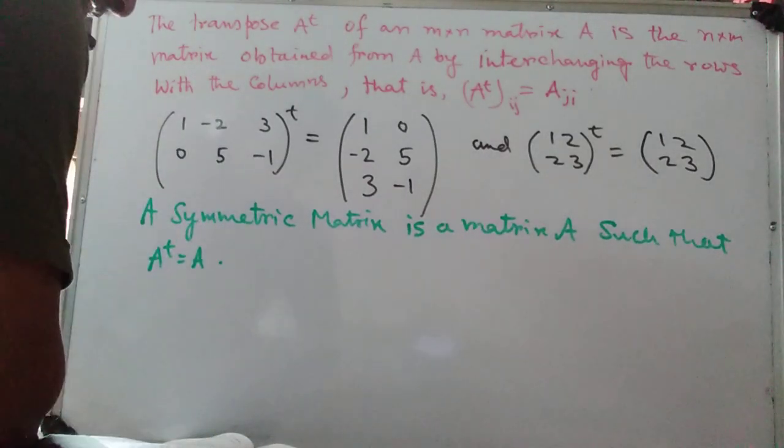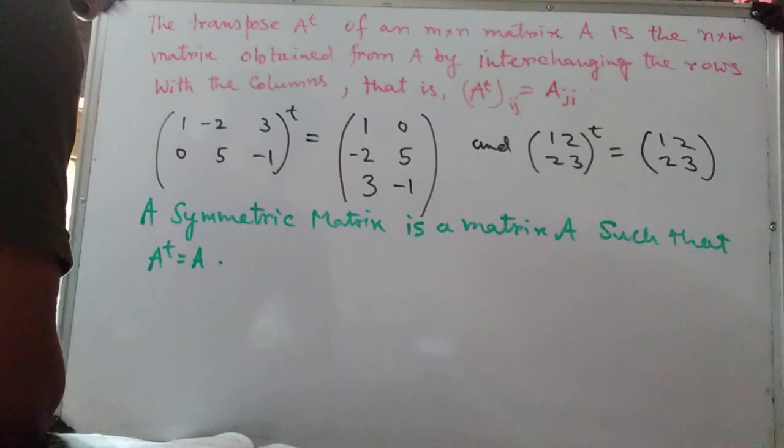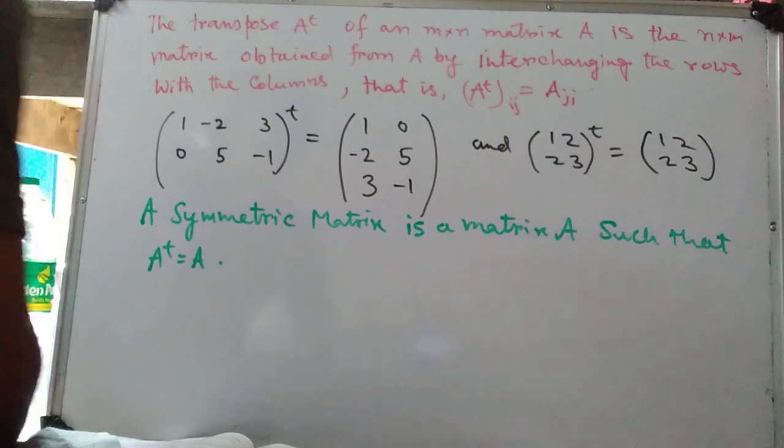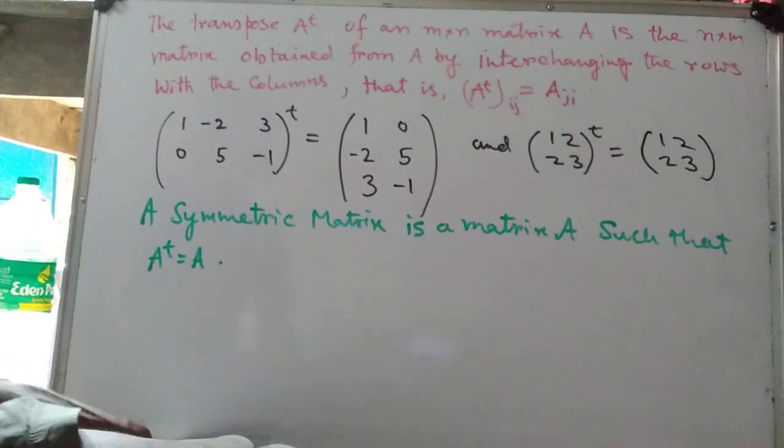Then obviously W, the set of all symmetric matrices, is a subspace of the n cross n matrices. We write it in this way.